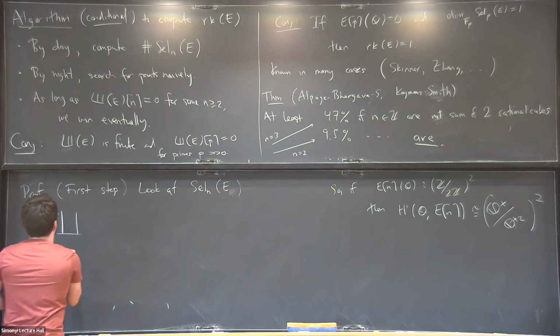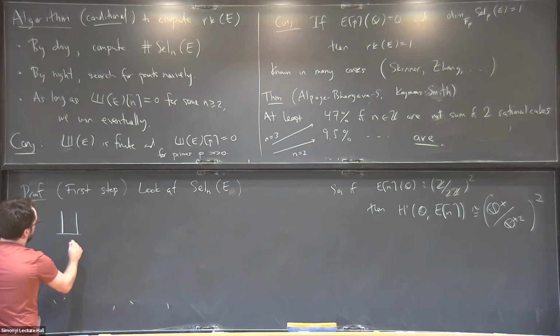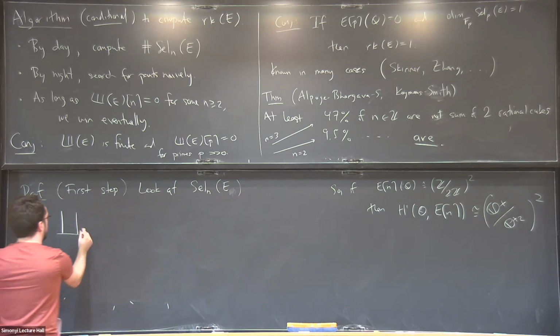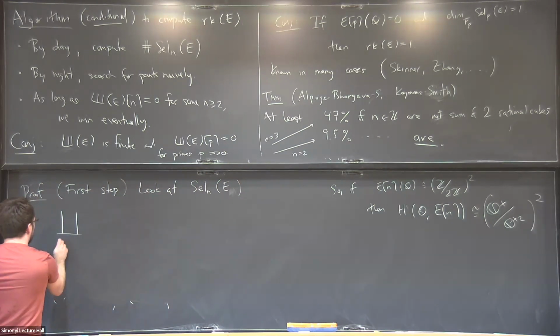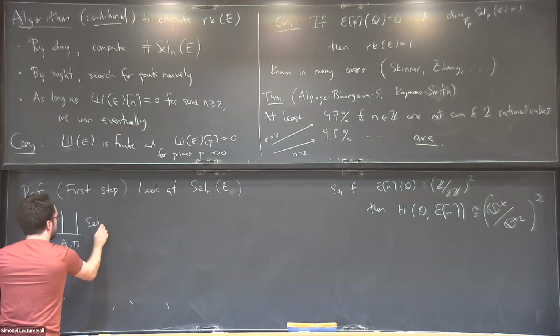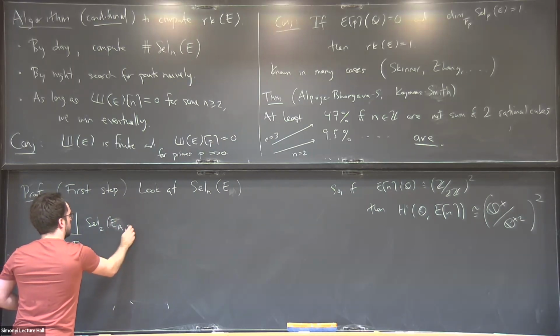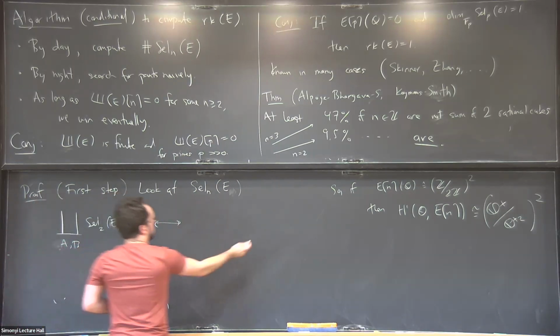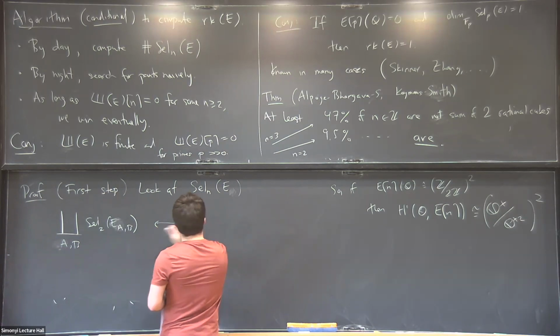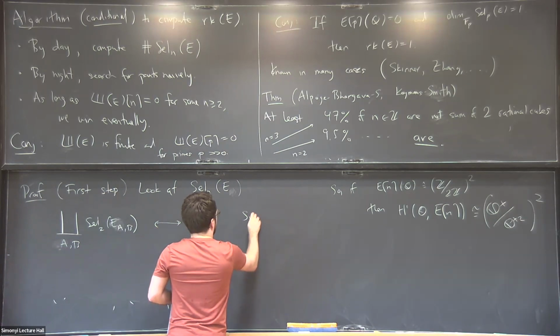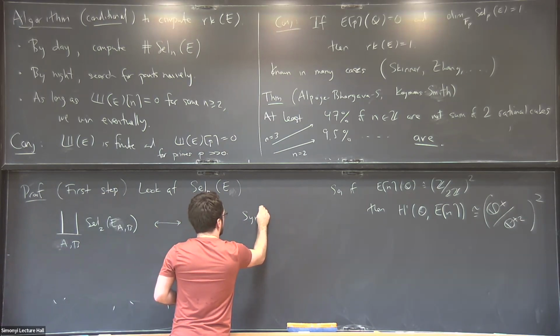And then you have this result that goes back to Birch, Swinnerton-Dyer, Cassels, that if I just look over all elliptic curves, and I look at all of their 2-Selmer elements, you can think of any 2-Selmer element as a binary quartic form.